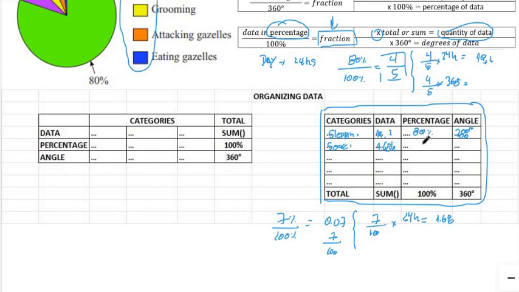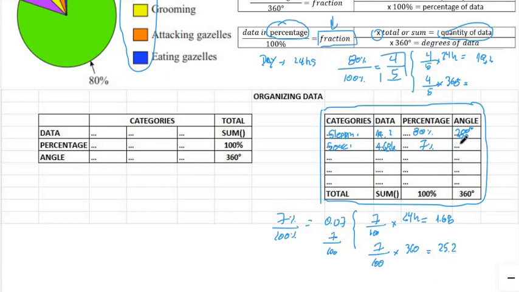And the percentage is 7%, and for the angle, 7 divided by 100 multiplied by 360. This is 25.2.